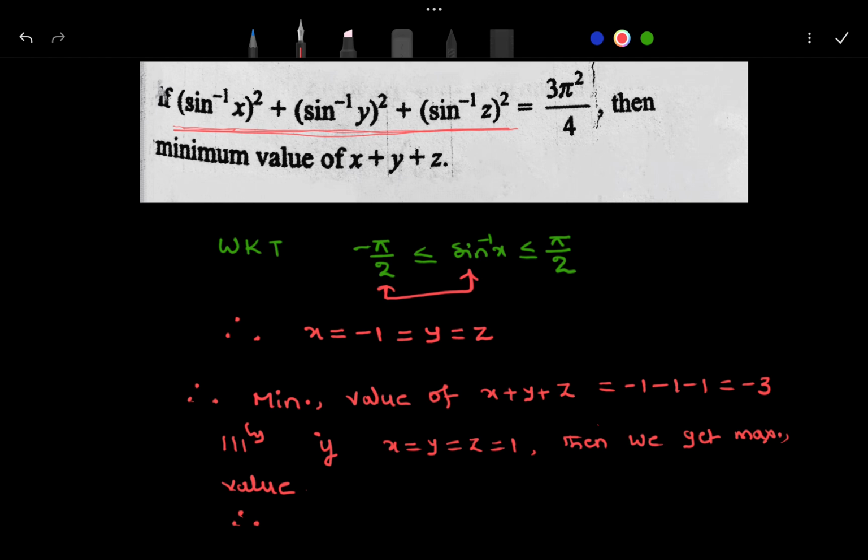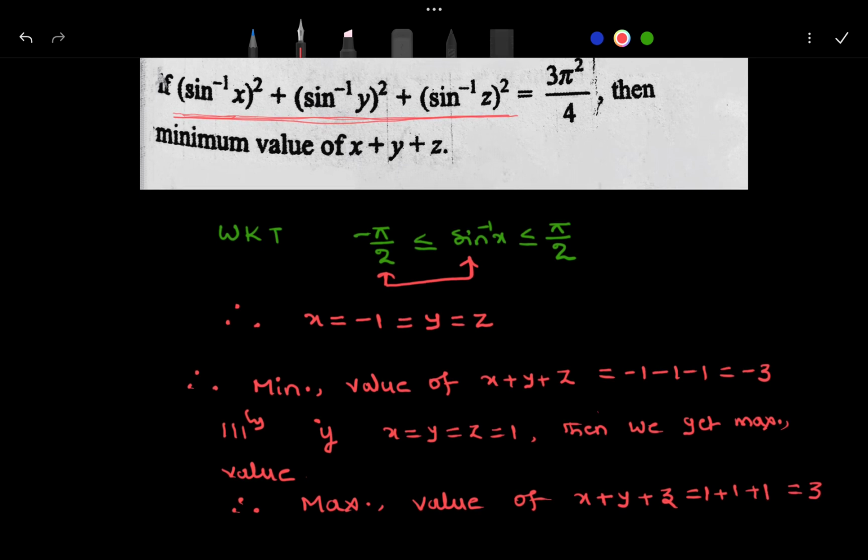Therefore the maximum value of x plus y plus z is how much? 1 plus 1 plus 1, that is equal to 3. So here you can observe how to find the maximum and how to find the minimum value. Okay, if you know the maximum and the minimum value, obviously you can write the range of the function.